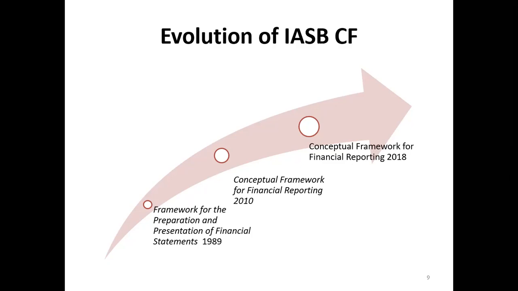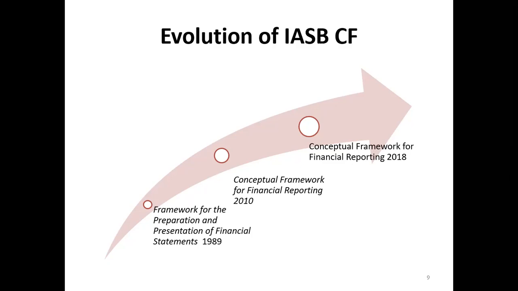As a result of that, they could agree on the objective of general purpose financial statements, or the objective of financial reporting. They agreed on that, as well as the qualitative characteristics. That is the only thing they could accomplish.